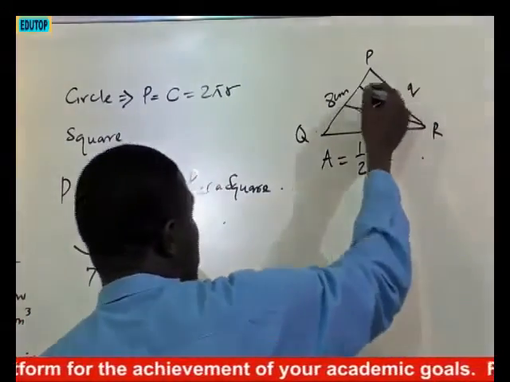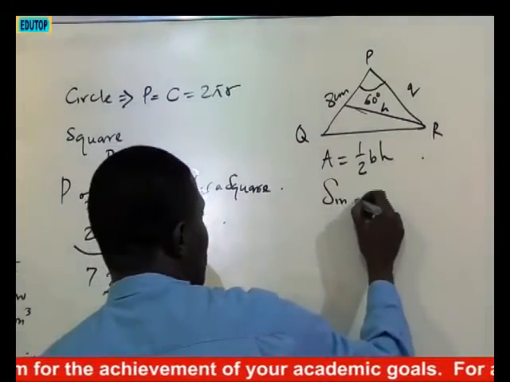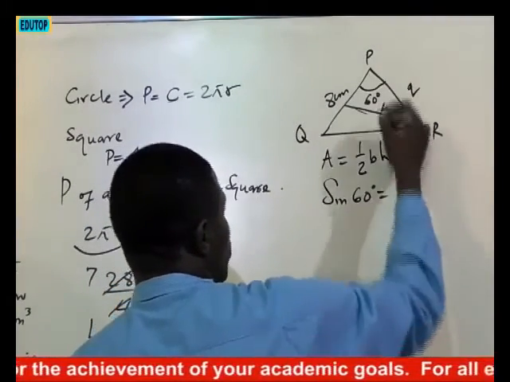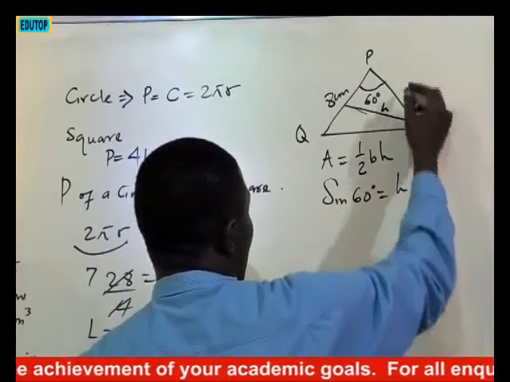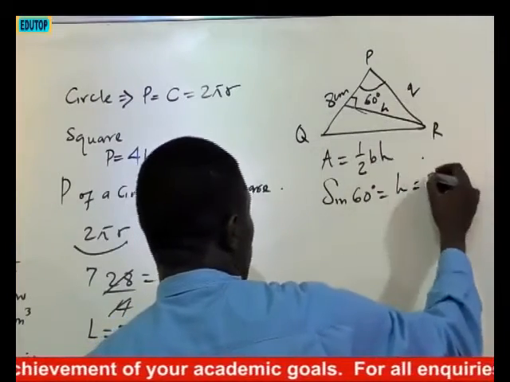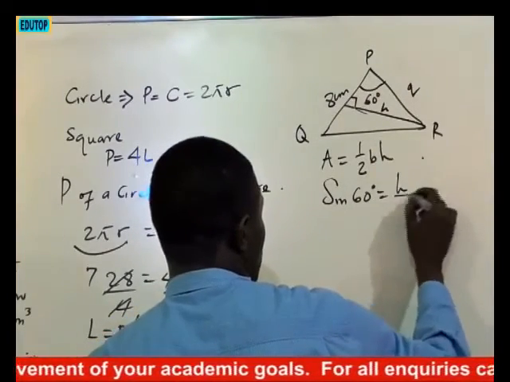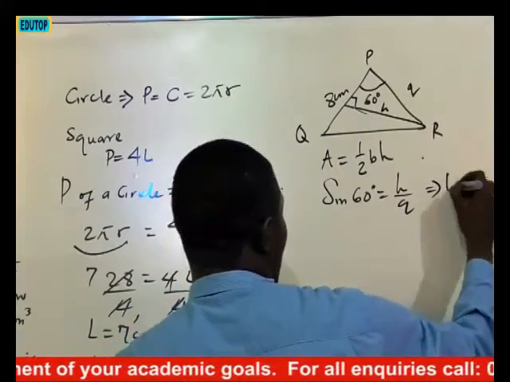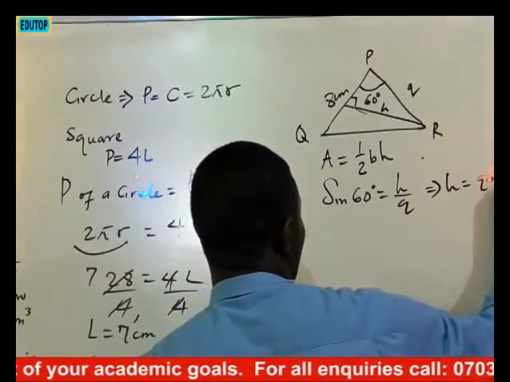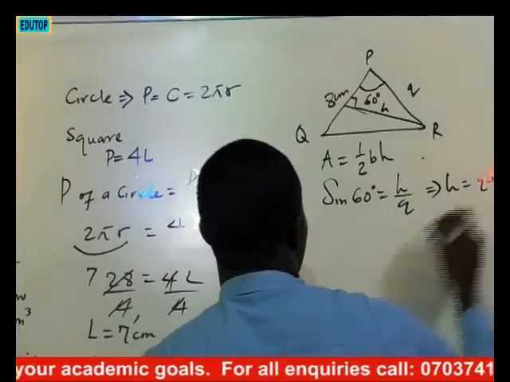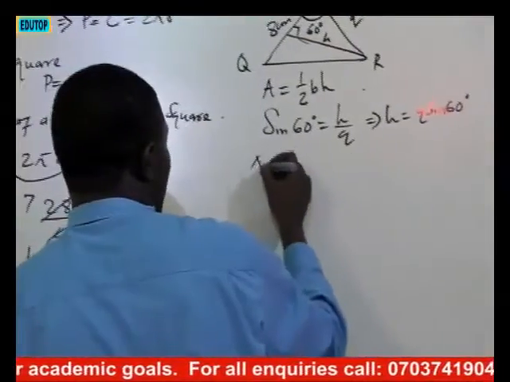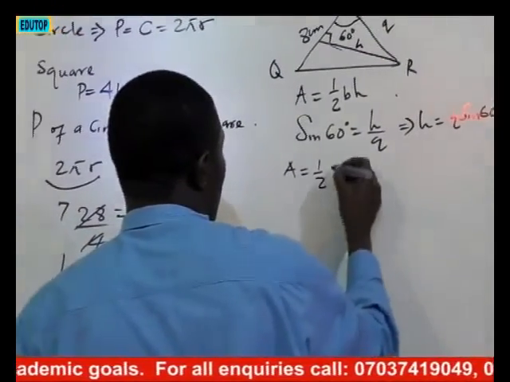Let's find sine 60 degrees. That would definitely be opposite over hypotenuse. What's the hypotenuse? Q. So our h equals Q sine 60 degrees.